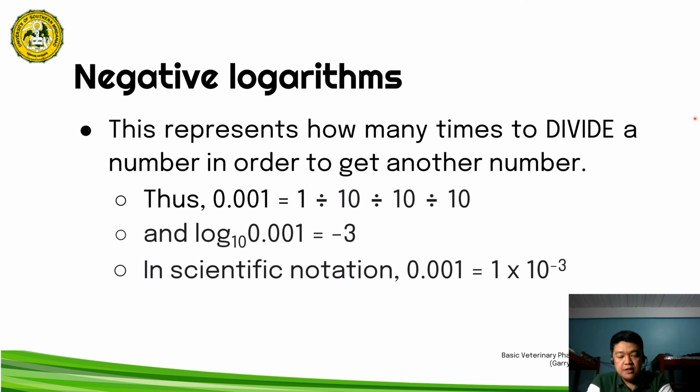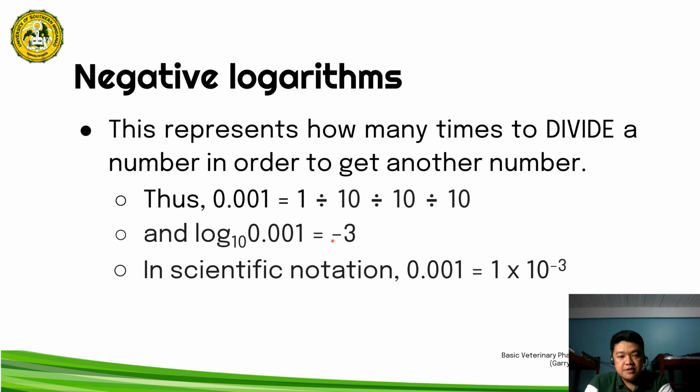Negative logarithm represents how many times to divide a number in order to get another number. So for example, 0.001 means that we have to divide 1 by 10 three times in order to get 0.001.